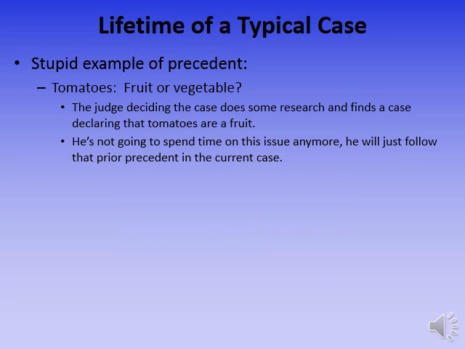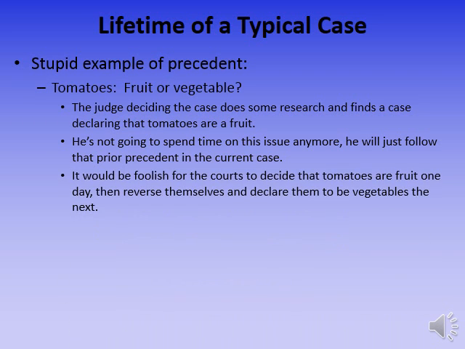Well, at that point, that judge probably isn't going to spend a whole lot of time on the issue anymore. He'll just follow that prior precedent in the current case. And so, why wouldn't he? It'd be foolish for the courts to decide that tomatoes are fruit one day and then the next day reverse themselves and declare that tomatoes are vegetables. We want consistency in the law. We don't want the law to be changing on a daily basis, and we don't know what the law is.